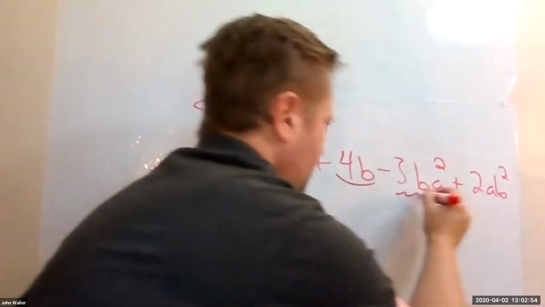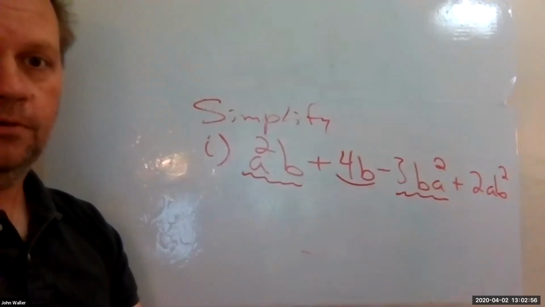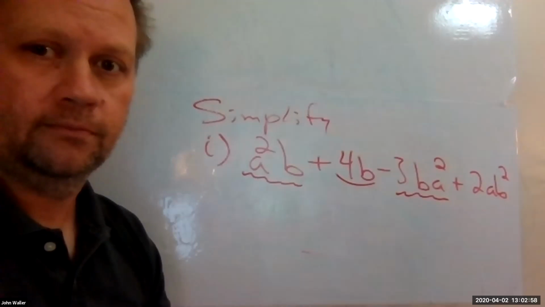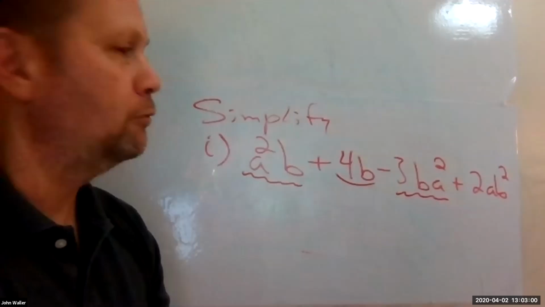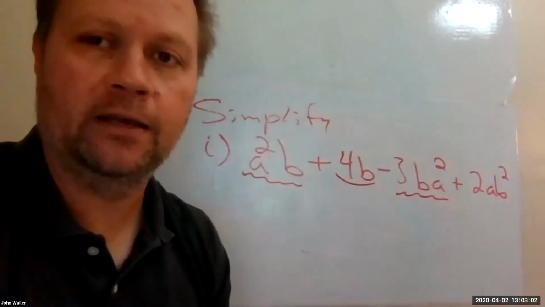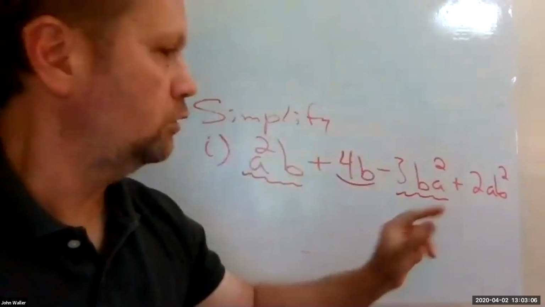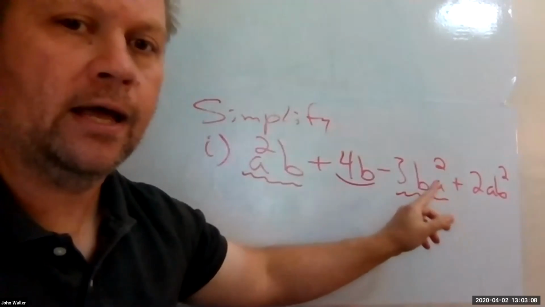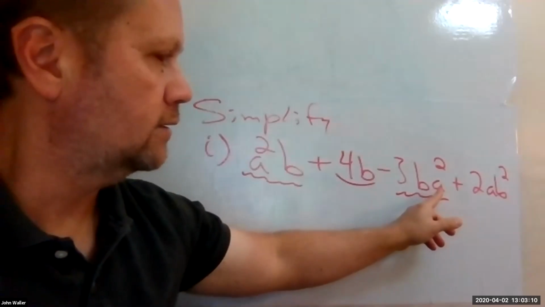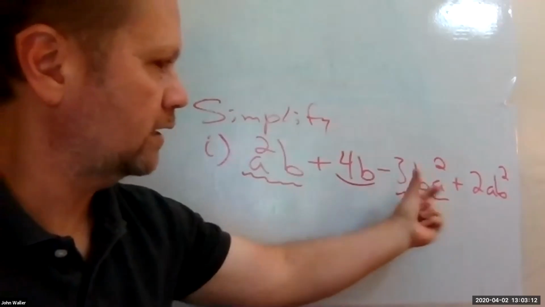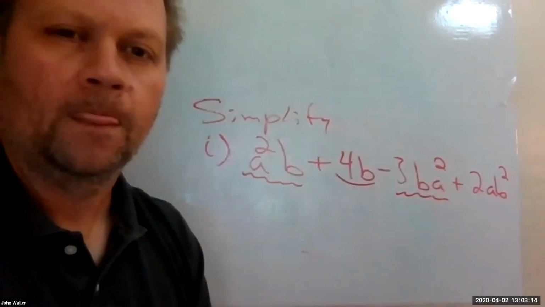Yeah, 2 terms. So this one and this one are like terms. Now, I will never forget, I think it was one of my first 3 semesters teaching, I had a student swear up and down to God that these were not like terms because this was backwards.